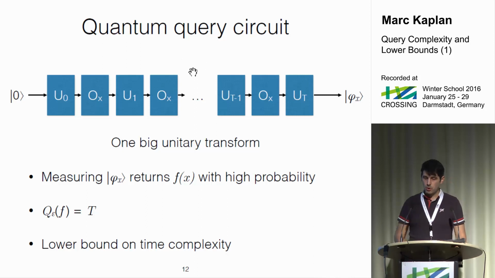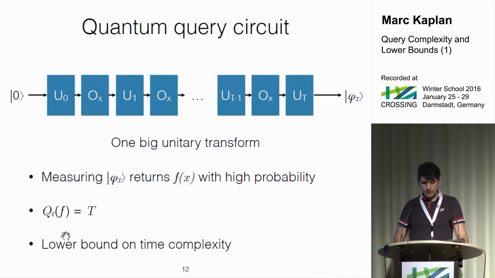So the total number of queries is given by this T here, the index of the last unitary. And by definition, when you measure the state psi at the end, it is supposed to give you, with high probability, the value of the function f(x). This is something important to have in mind.